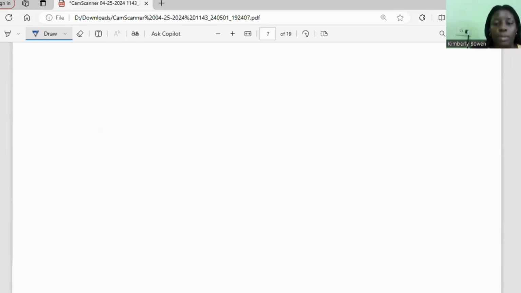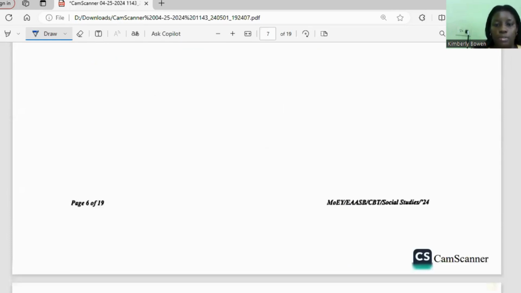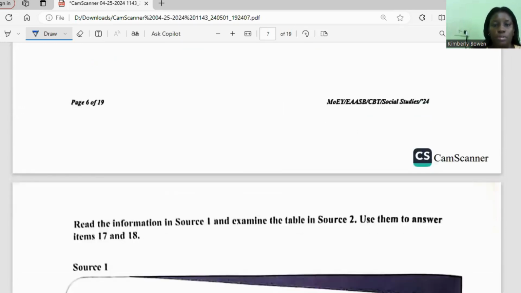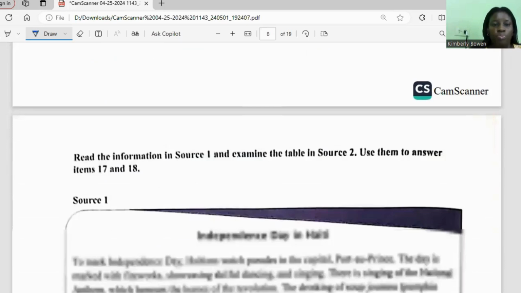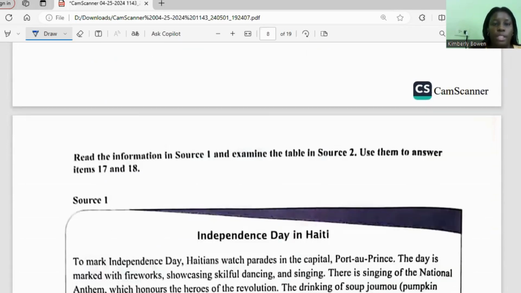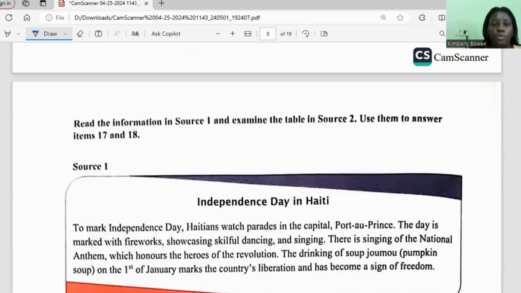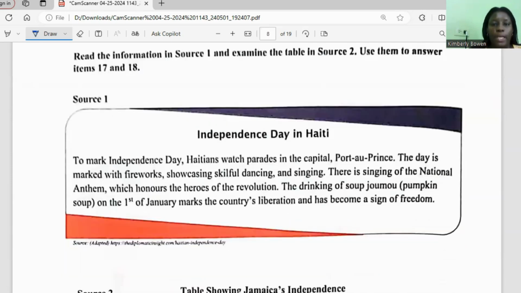Let's move on to number 17. Read the information in source 1 and examine the table in source 2. Use them to answer items 17 and 18. Independence Day in Haiti.